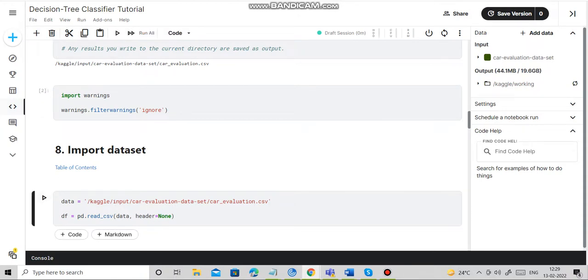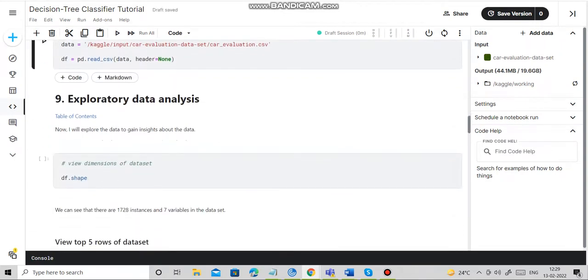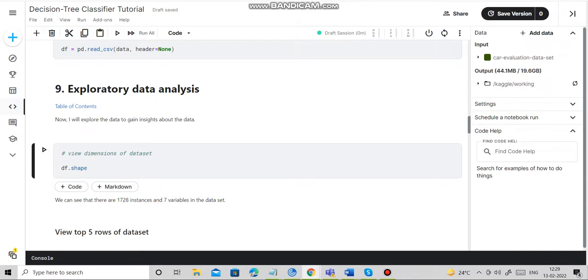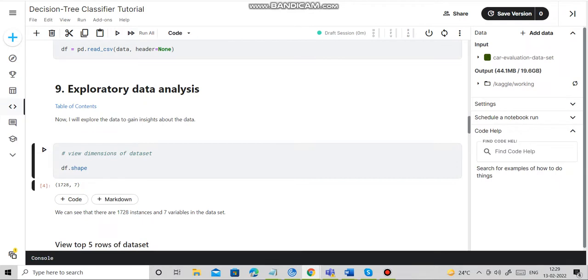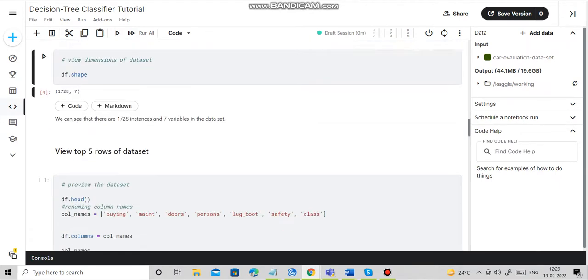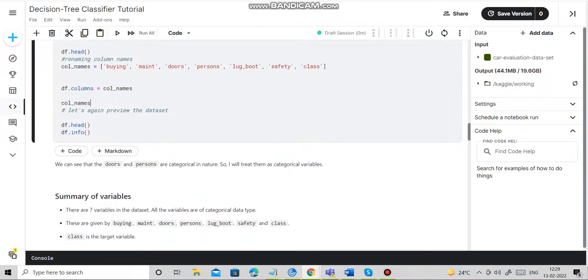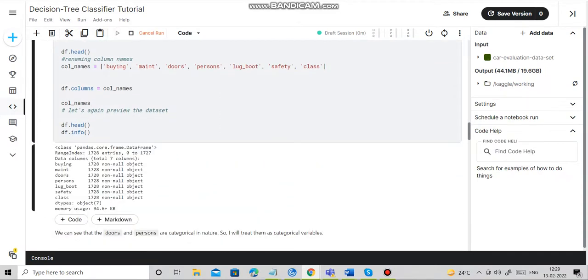So the dataset that we'll be using for this is the car evaluation dataset. Its dimension is 1728 by 7. These are the top 5 rows.